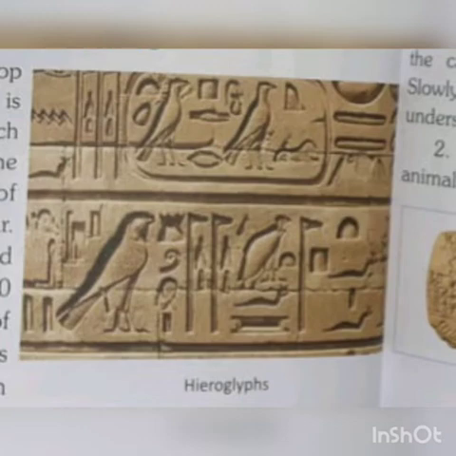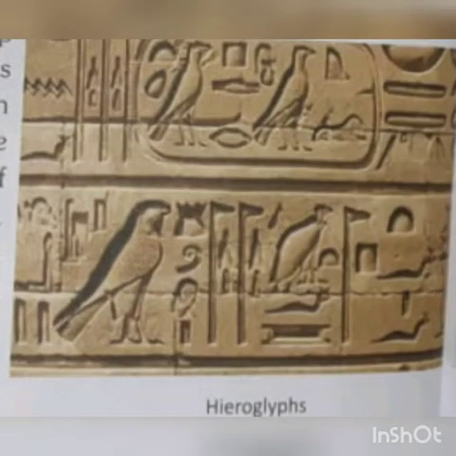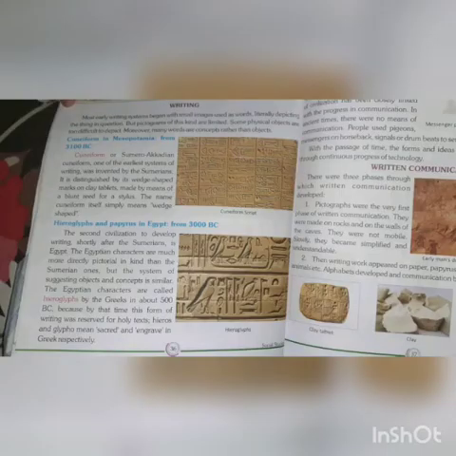Like you can see in this picture, there's a bird. So it is definitely maybe representing some bird only or similar things. So it was used by the Greeks around 500 BC. So you know what hiero means? Sacred, and glypho means engraved. So this is hieroglyphs.